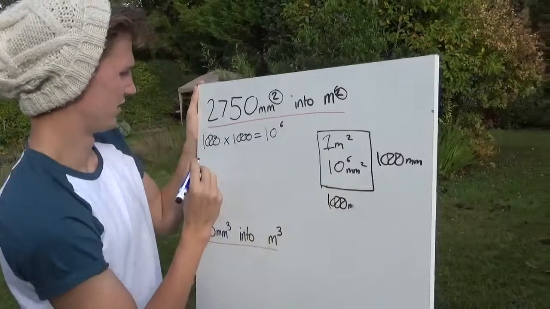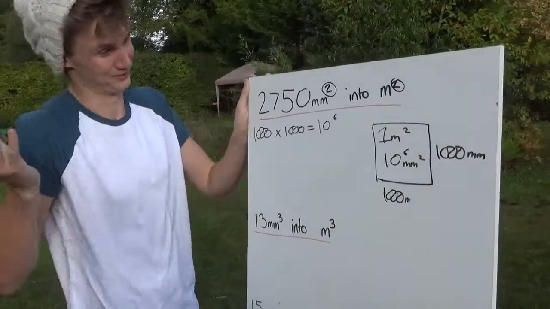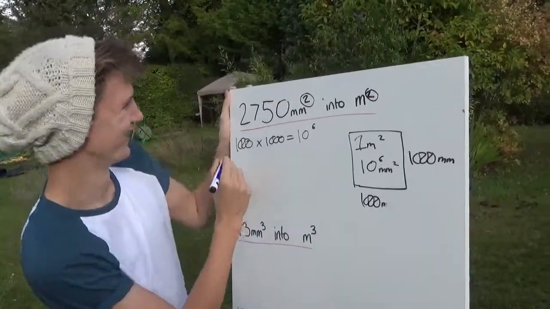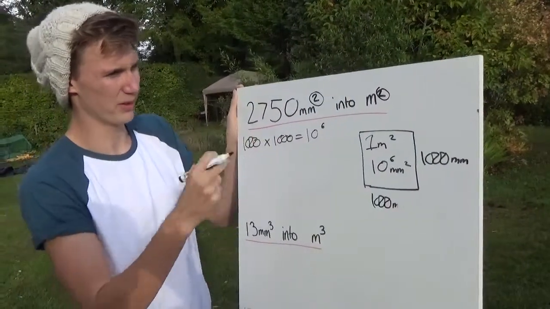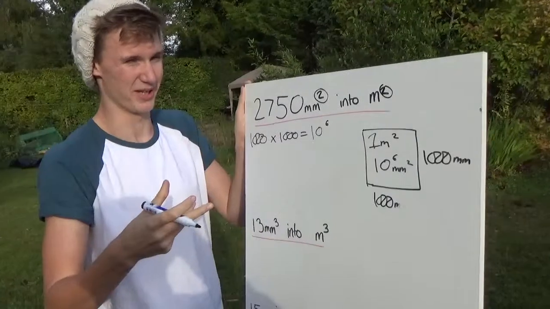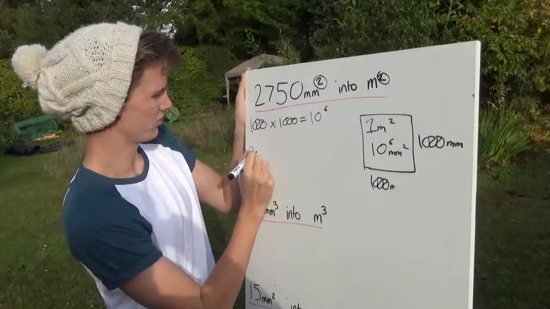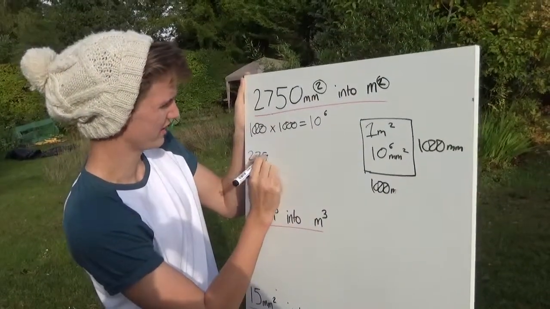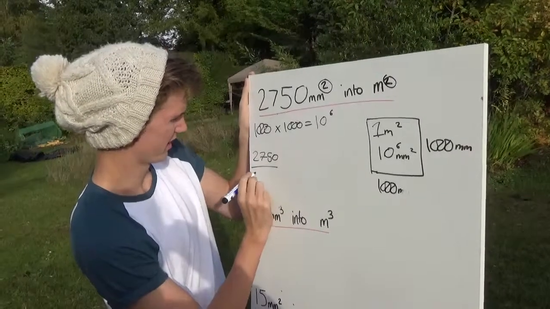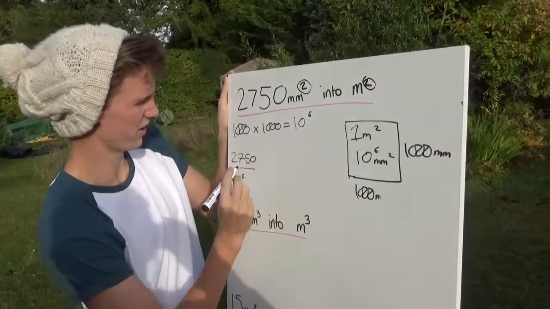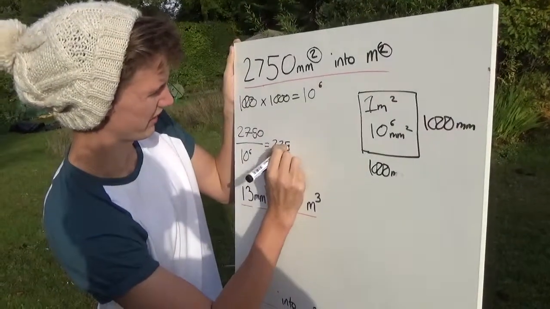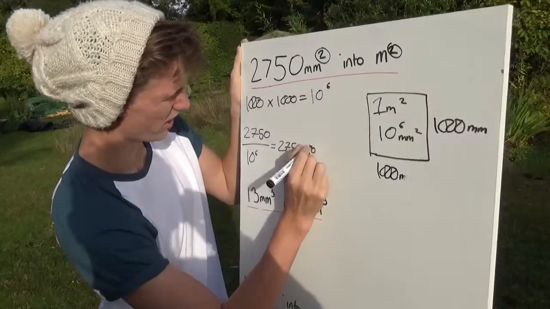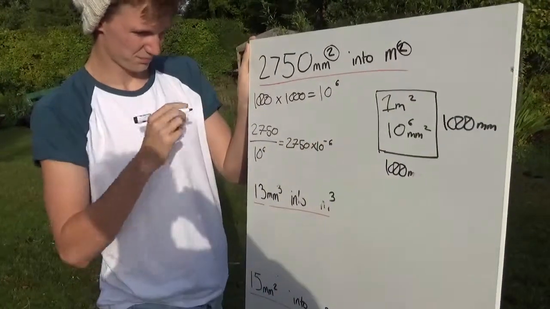Our unit is getting smaller because a meter squared is bigger than a millimeter squared, so we do 2,750 divided by 10 to the 6, which gives us 2,750 times 10 to the minus 6. Units: we're in meters squared.